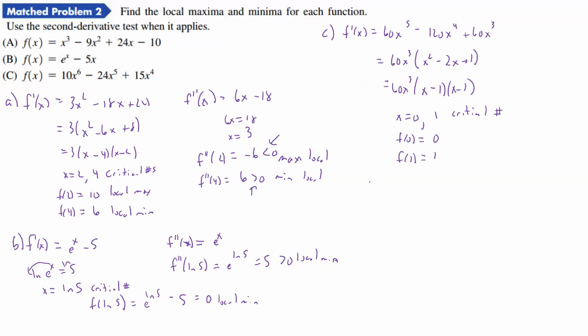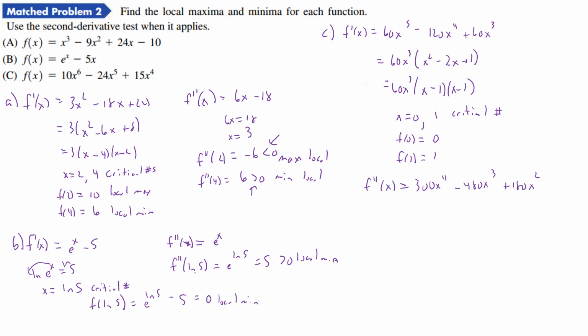All right, so what about our second derivative? Well, that's going to be 300x to the fourth, then 4 times that, minus 480x cubed, plus 180x squared. So that's what we have here.